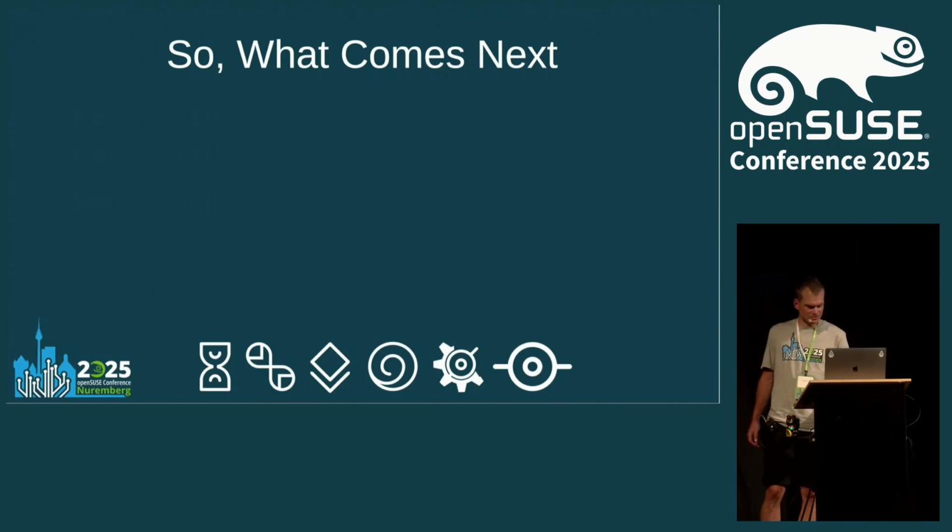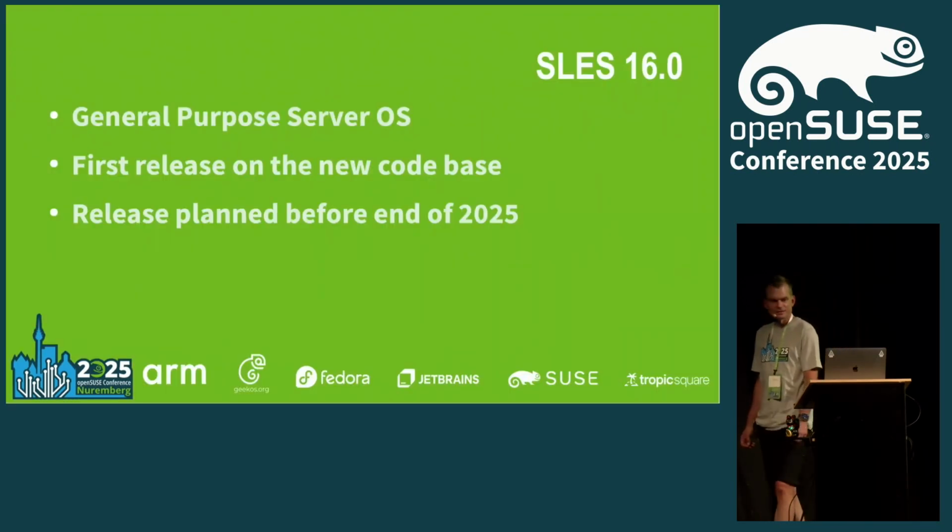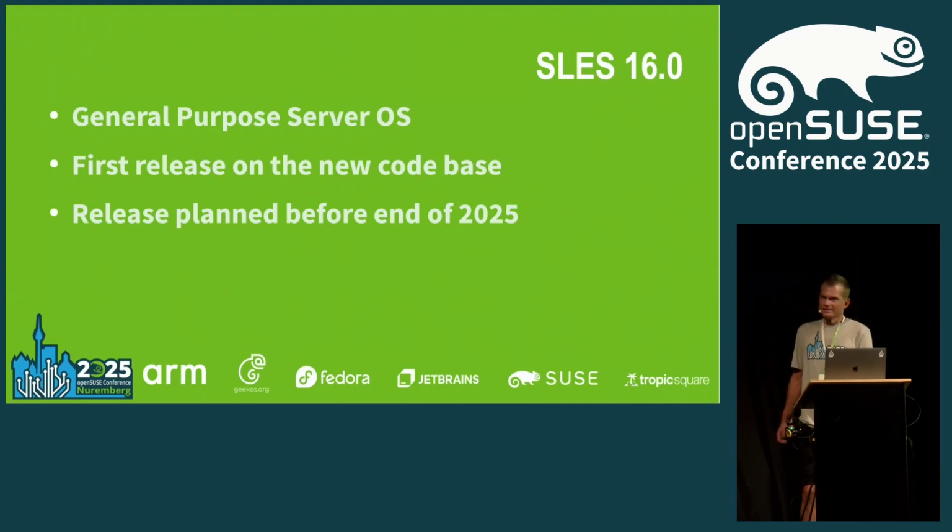And before going to Micro, let me go to maybe what is weighted more than Micro, which is SLES16.0, which, among the fact that it is used as the base for LEAP16, is probably much more expected because it's the first release on the new code base, which was previously called ALP, and it's the first general purpose operating server on this code base.